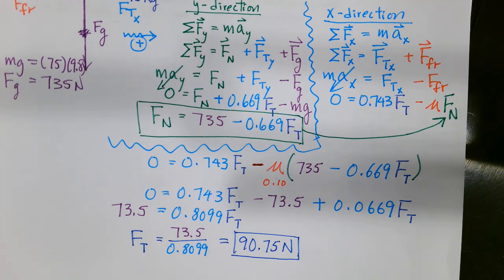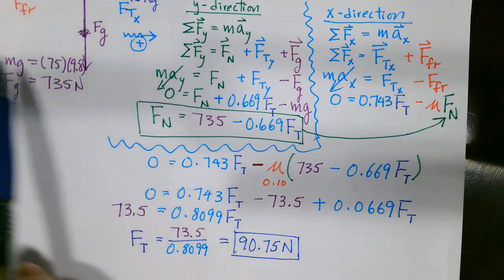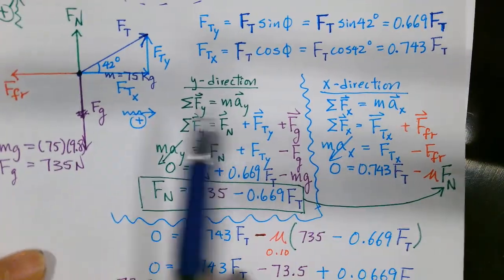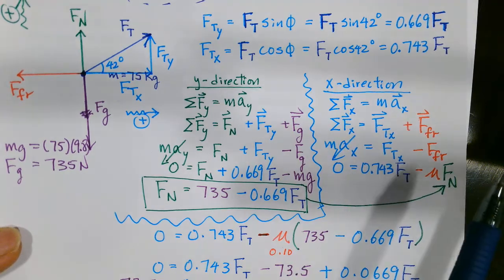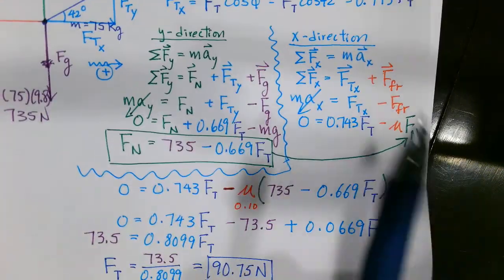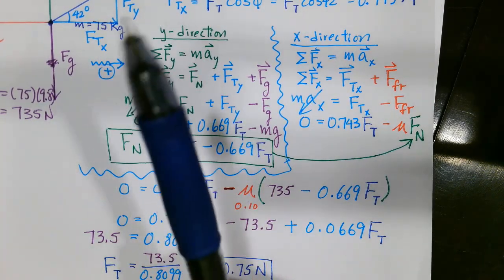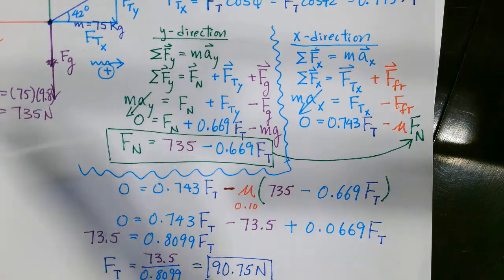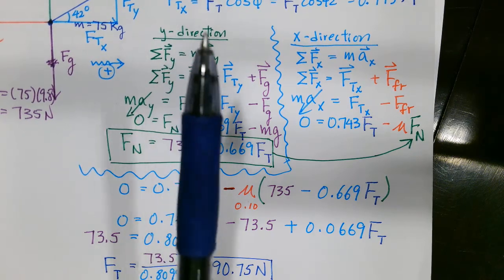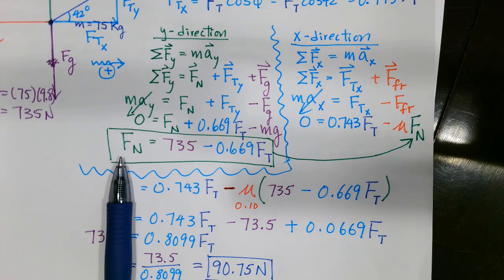It's always a nice idea to draw the free body diagram, even though it doesn't say it. Most likely I will mention it. And figure out all these components first, then split them up into x and y directions, and work them out independently from one another. I chose to do the y direction first because I needed F normal to figure out F friction.